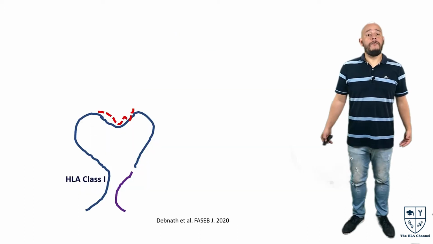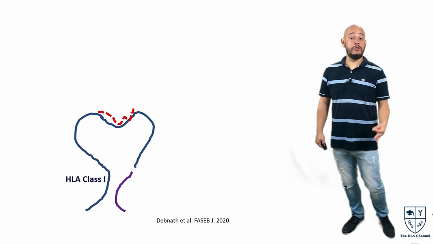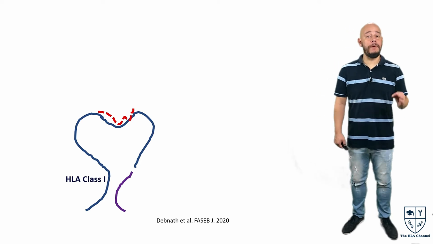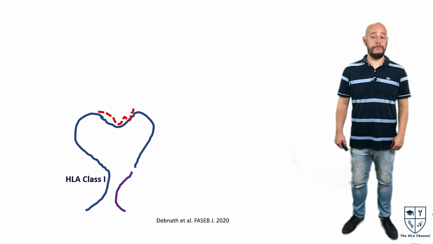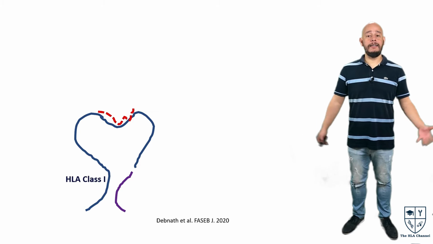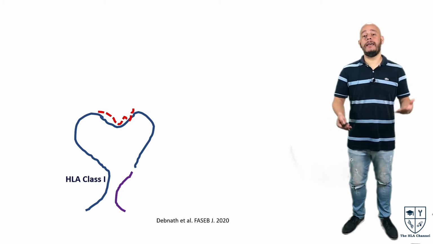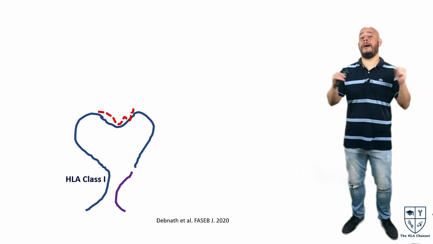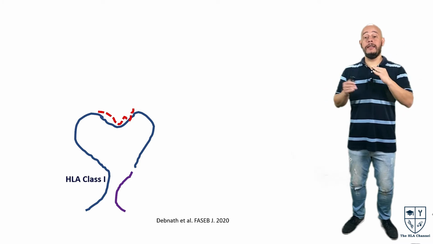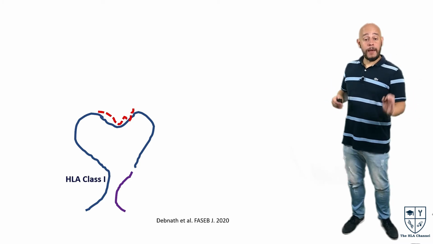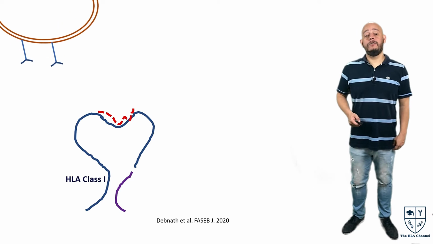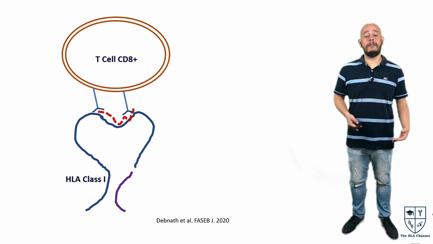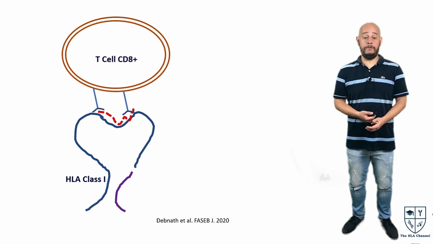So the polymorphism of class 1 and 2 molecules affects the peptide binding groove, since it varies the amino acid sequences that can be housed within the groove. So these peptides are presented to the CD8 positive T cell, for example.